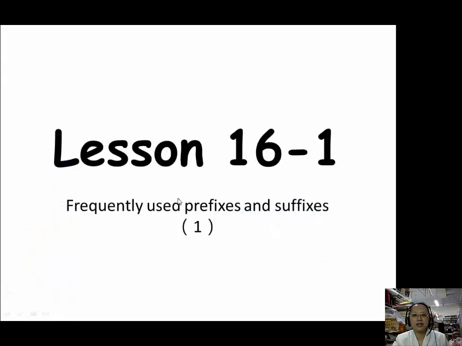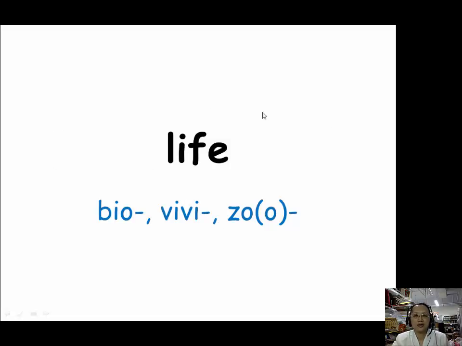Now let's move to lesson 16. The first part, frequently used prefixes and suffixes. For life, we have three prefixes to use, bio, B-I-O, vivi, V-I-V-I, and zoo, Z-O-O.